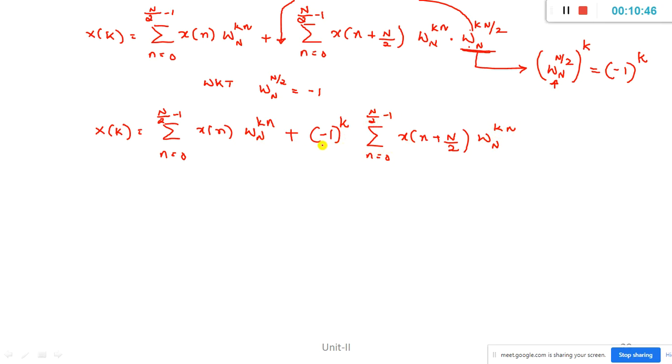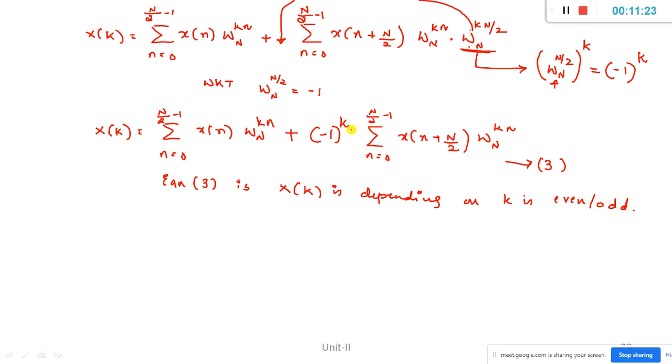Now, what is the common thing that here I can? Okay, here is one important point. There is this k value, which means the entire, let me call this equation number 3. Equation number 3, the output x of k, is depending on whether k is even or k is odd.